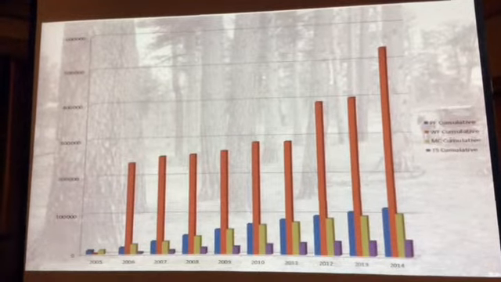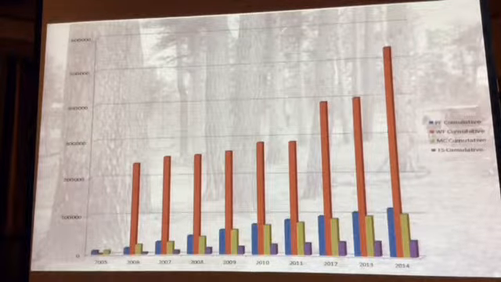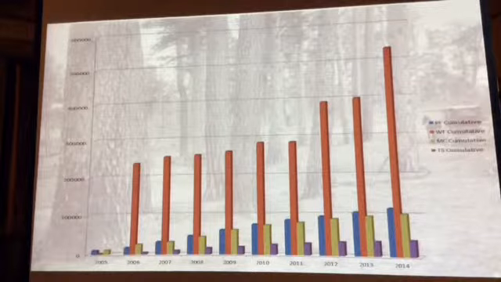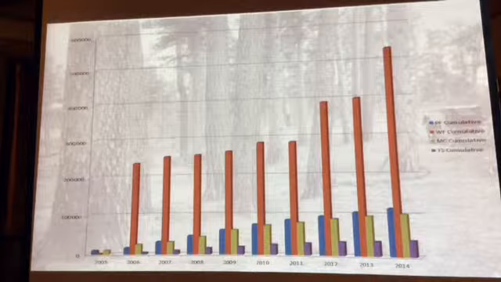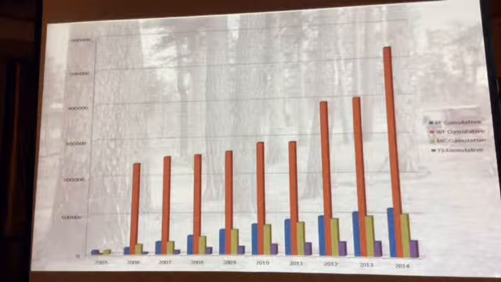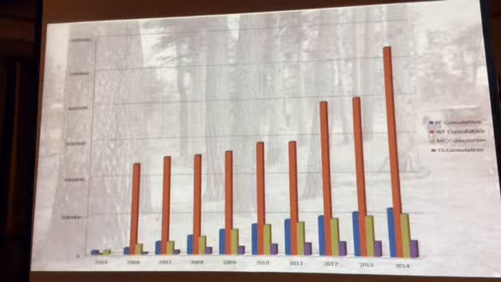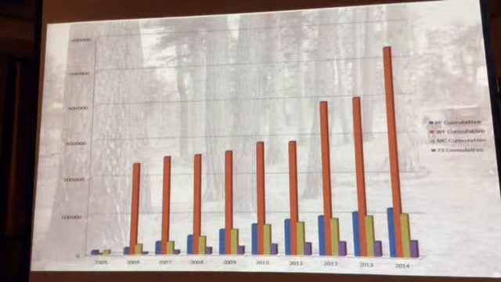And so how are we doing? Well, unfortunately, the rate of our treatments, which are indicated by these colored bars, is falling way behind the amount of acres being burned by wildfire, which are these red lines. These are cumulative graphs, so you keep adding the acres as you go through time, and you can see that wildfire in 2014, when you look at all the treatment over the past 10 years, burned 5 times as much as we're treating.